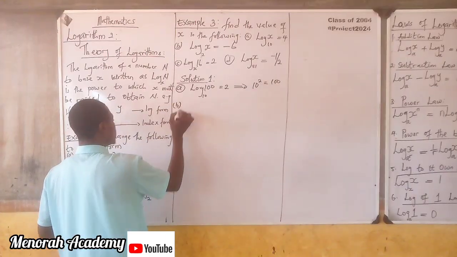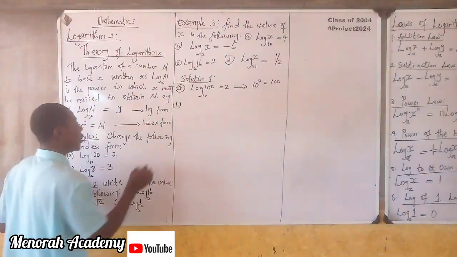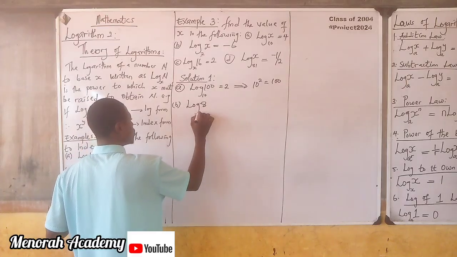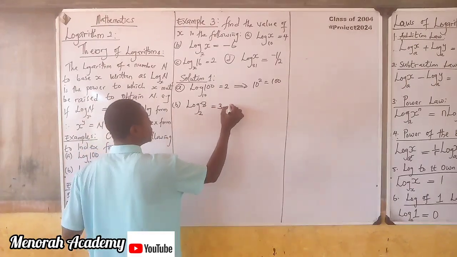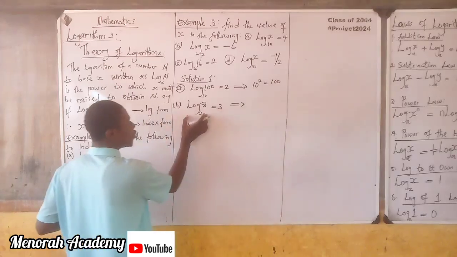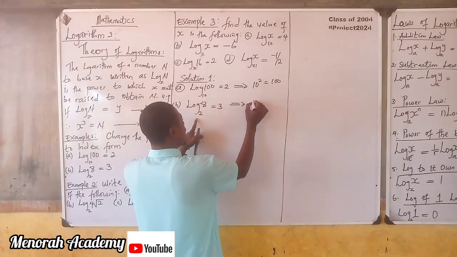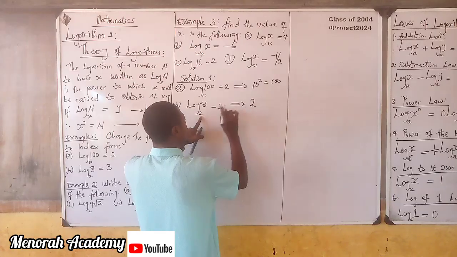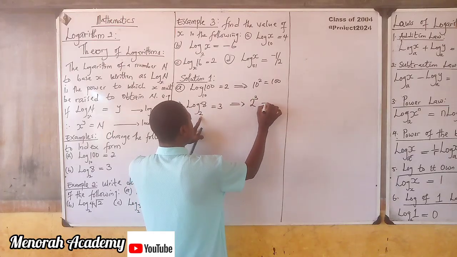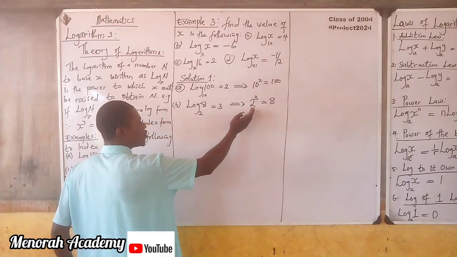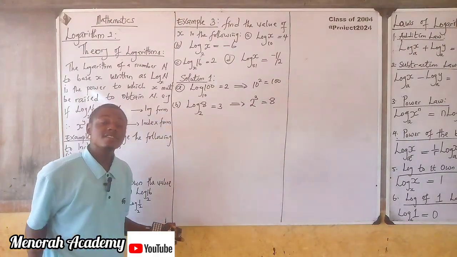Then the b part, we have log of 8 in base 2, which is 3. This is the log form. If you want to write it in index form, this 2 will take 3 as the power, which equals 8. 10 raised to the power 2 is 100, and 2 raised to the power 3, of course, is 8.